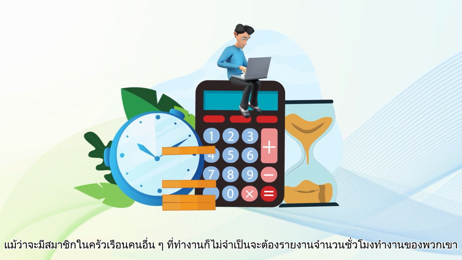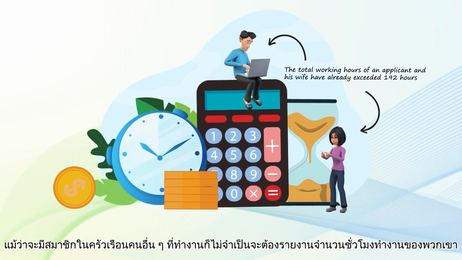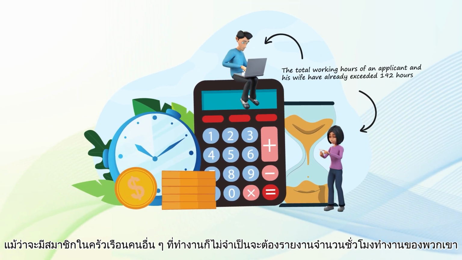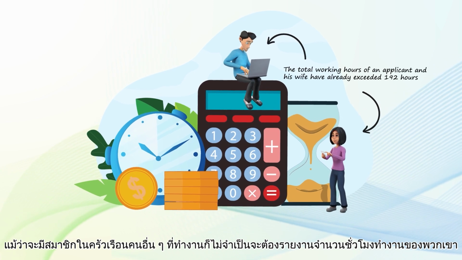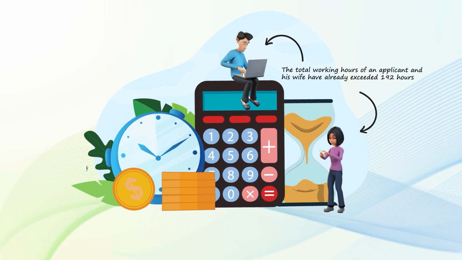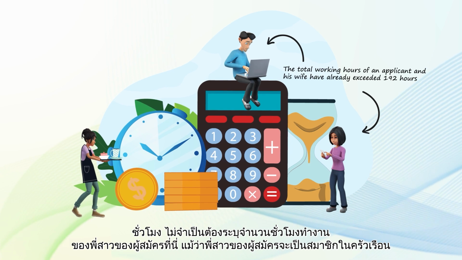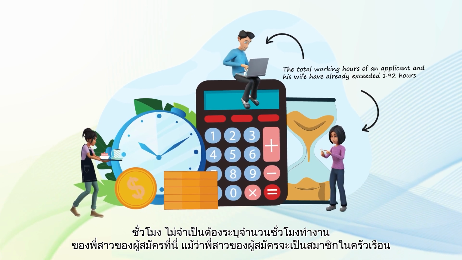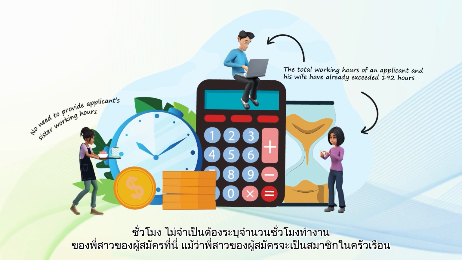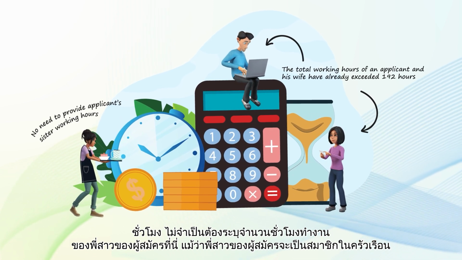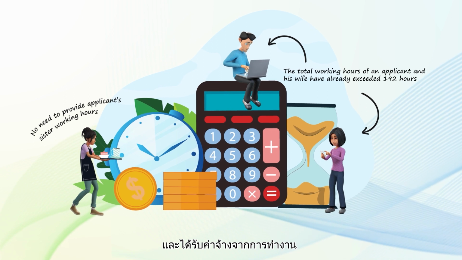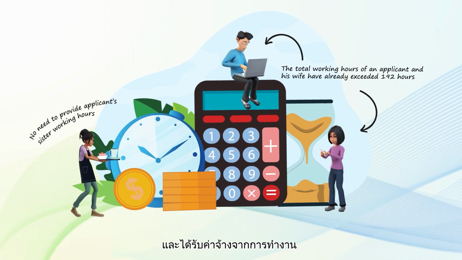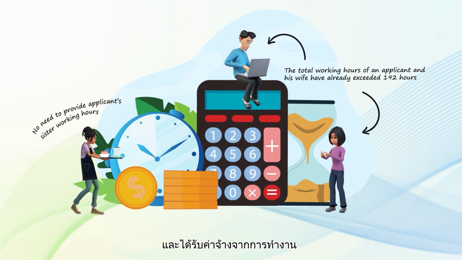For example, the total working hours of an applicant and his wife have already exceeded 192 hours. Even if the applicant's sister is a household member and has paid work, there is no need to provide her working hours here. But please note that her relevant income still has to be reported.